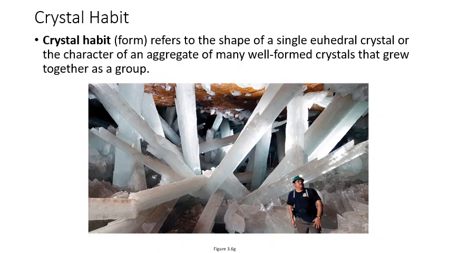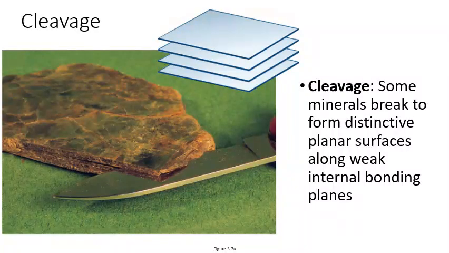Cleavage is a very important diagnostic property for mineral identification, and it is the idea that some minerals break to form distinctive planar surfaces along weak internal bonding planes. So the areas where we have weak bonds are the areas where the planes form, and this mineral is called a mica, and all mica minerals have this very nice planar cleavage that make them look like distinct pages of a book.